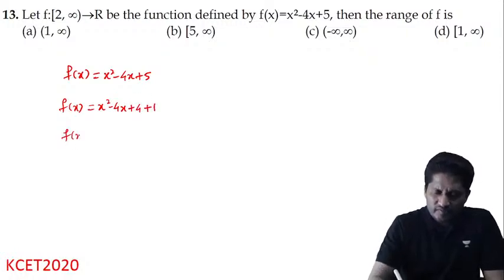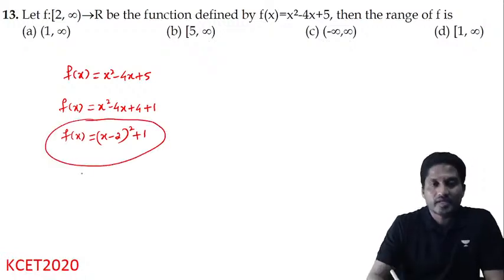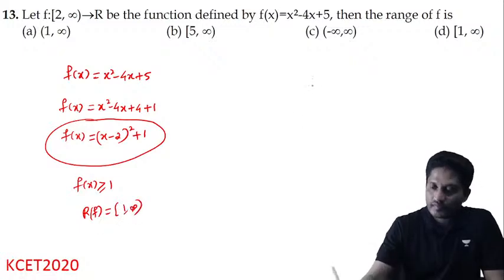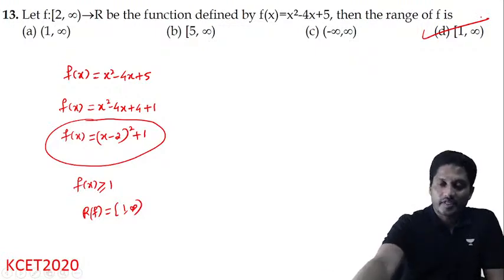The first three terms give f of x is equal to (x minus 2) the whole square plus 1. The minimum value of a square is 0 only, right? Therefore f(x) is greater than or equal to 1. So the range of f is the closed interval [1, infinity). Answer is option D. Let's move to the next question.